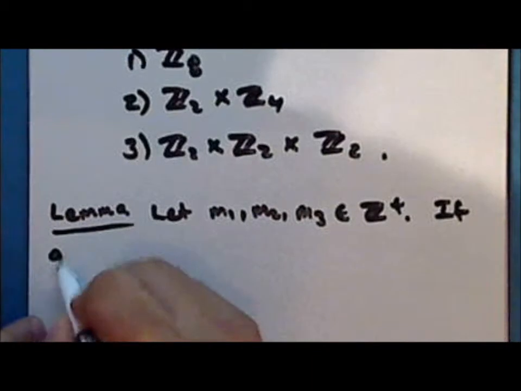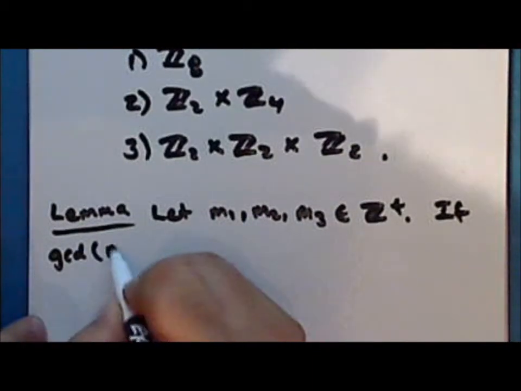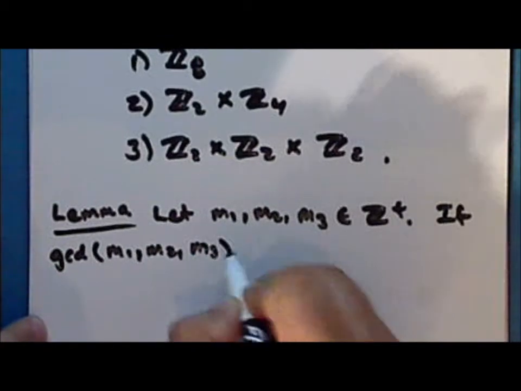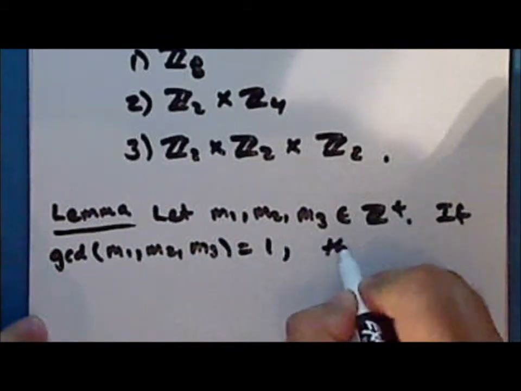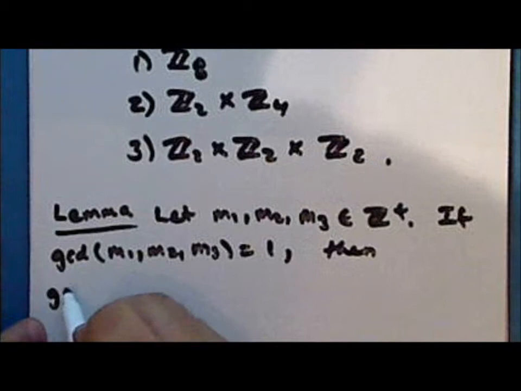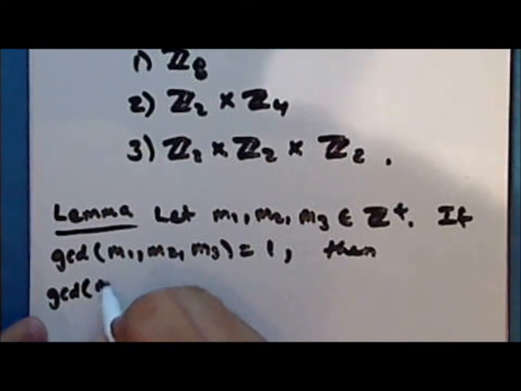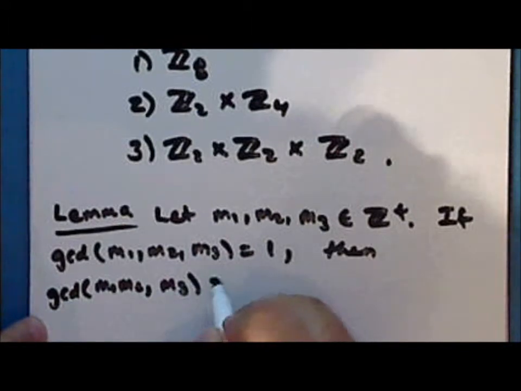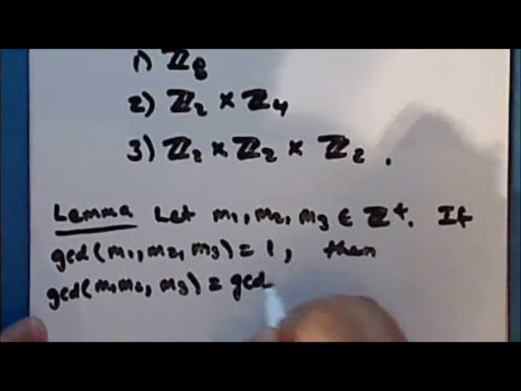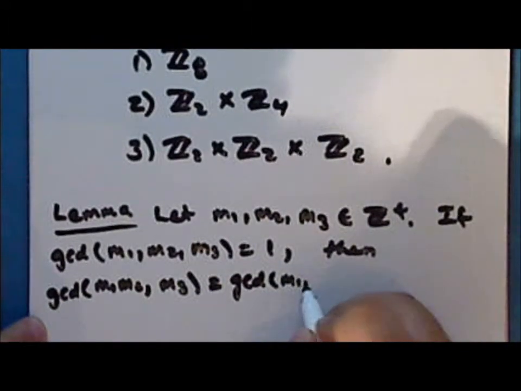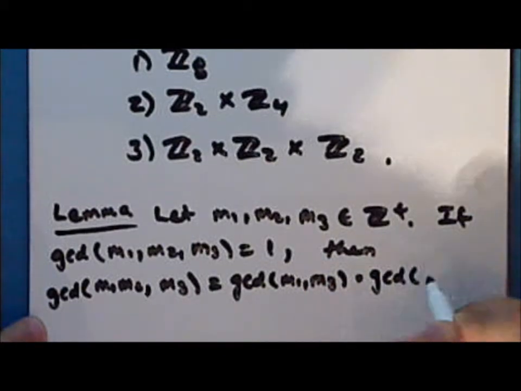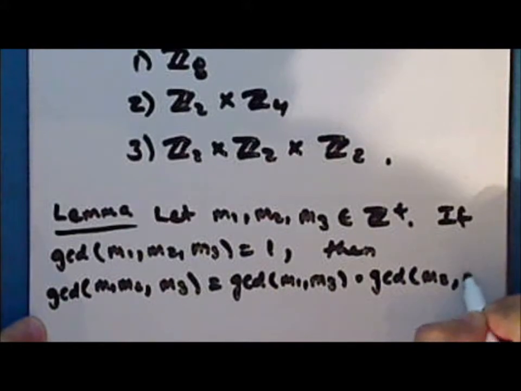If the greatest common divisor of all three of the integers is 1, then the greatest common divisor of the product m1 times m2 and m3 is the product of the greatest common divisor of m1 and m3 with the greatest common divisor of m2 and m3.